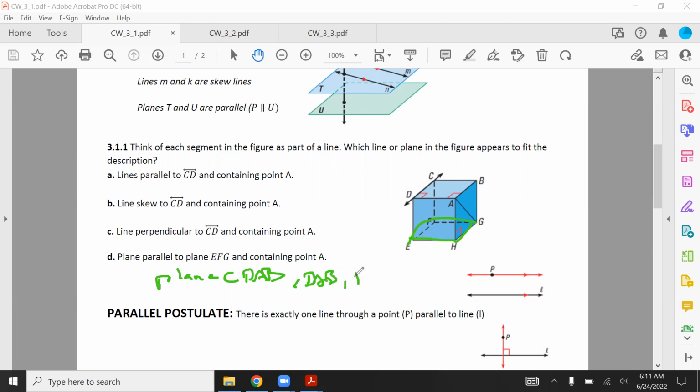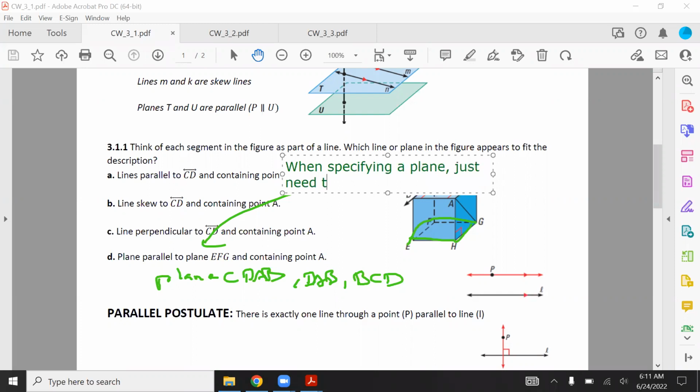If you said BAD or BCD, that's fine. You just need to state at least 3 points. So when specifying a plane, just need to list 3 points. So those planes are parallel because they'll never touch.